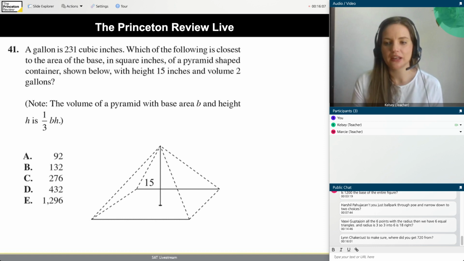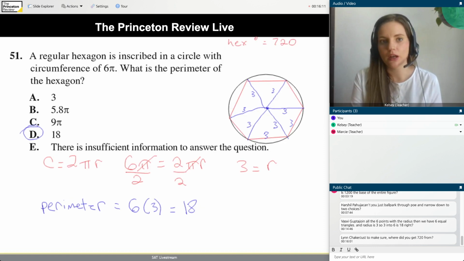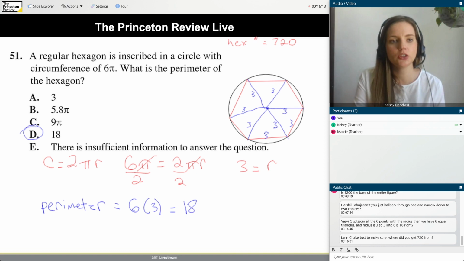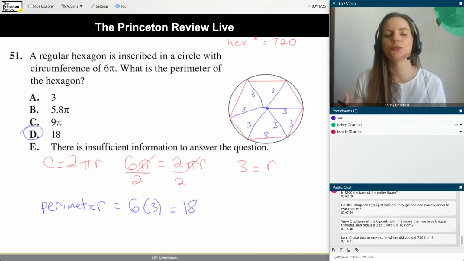Okay, we want to go back and see where we got 720. So I was just saying maybe we were going to need that, but we ended up not. When they say regular, that means that all the angles are going to be the same inside. And just in case we needed to know what those angles were, I basically added 180 to all the shapes. So we know that a rectangle has 360 degrees.